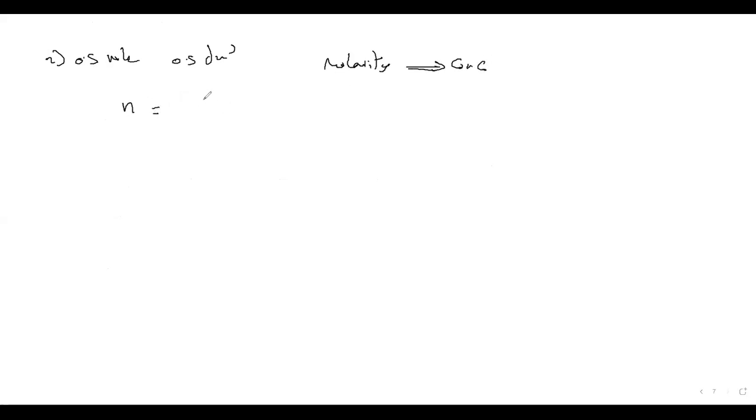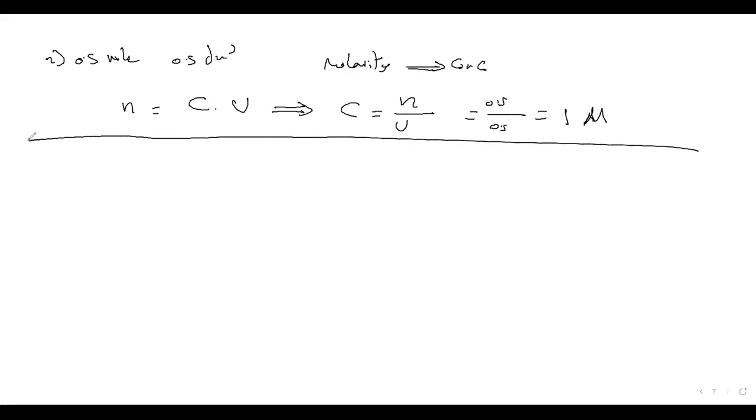So number of moles equals concentration multiplied by volume, so concentration equals number of moles over volume, 0.5 over 0.5, which is equal to 1. So 1 molar. Capital M means molar. This is number 2.